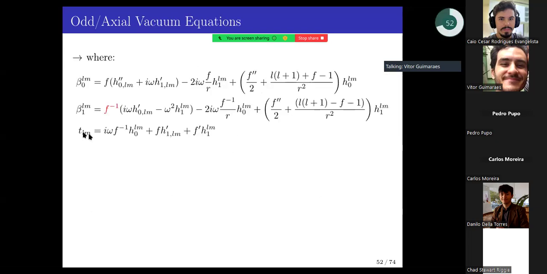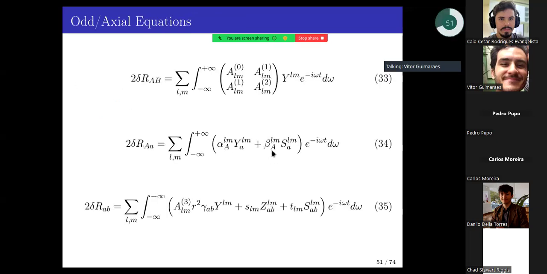So here I presented to you what the betas look like, right? Because this beta here is a vector, in the sense that there is a beta 0 and a beta 1. This index A runs from 0 to 1, right? The small caps indices run from 2 to 3, right? Remember that they run from theta to phi, and this runs from t to r, right?